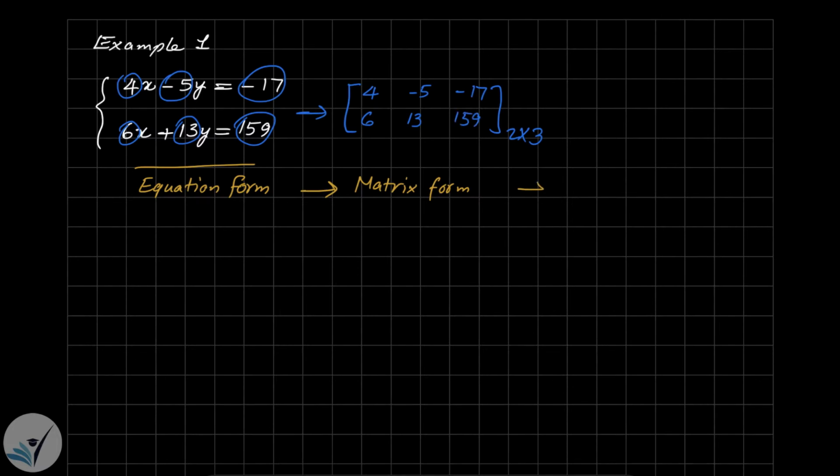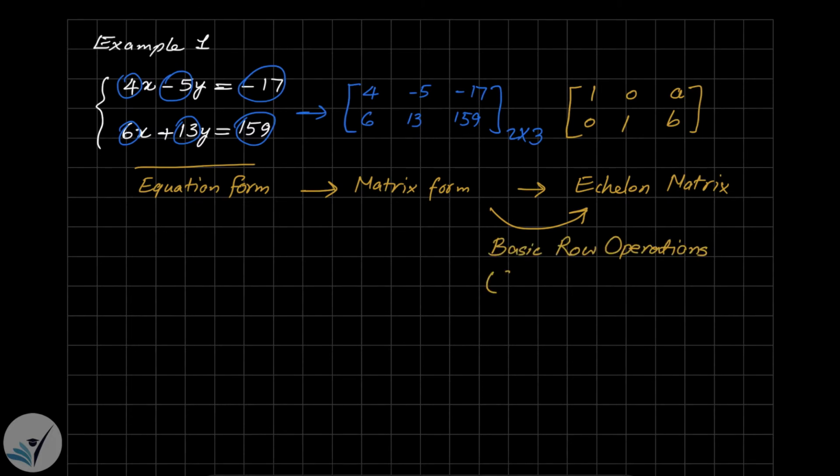Then we need to transform it to an echelon matrix. So the echelon matrix would be something like this. We're going to have 1 here, 0 and a number on the first row, and the second row we're going to have 0, 1, and another number. Let's call it b. This transformation will be done using basic row operations.